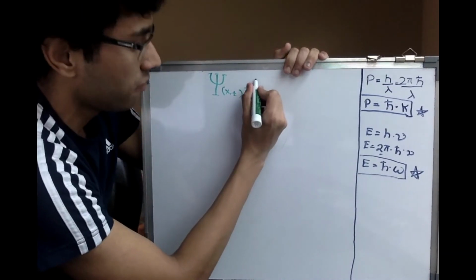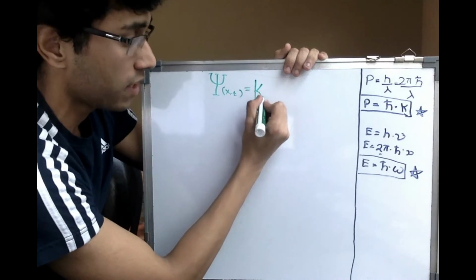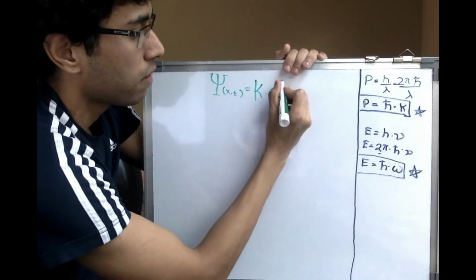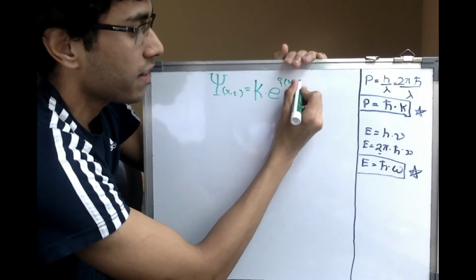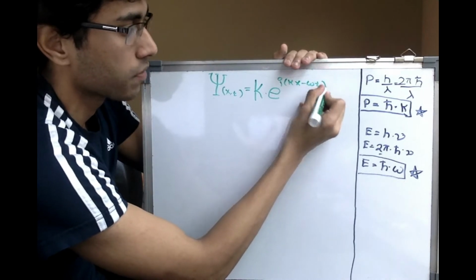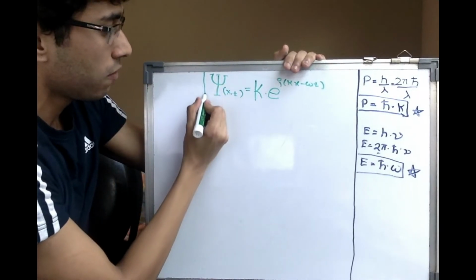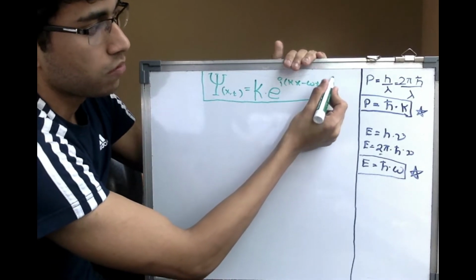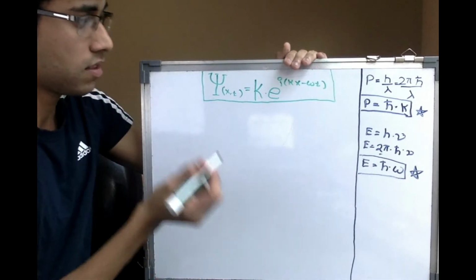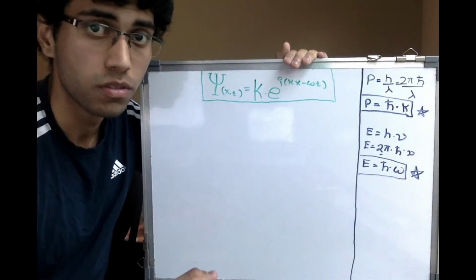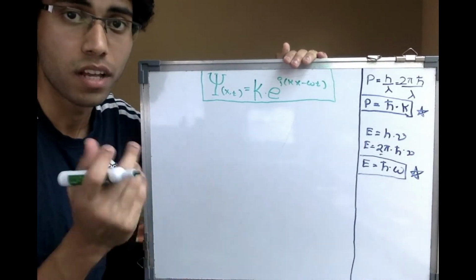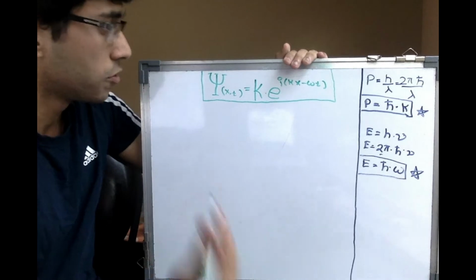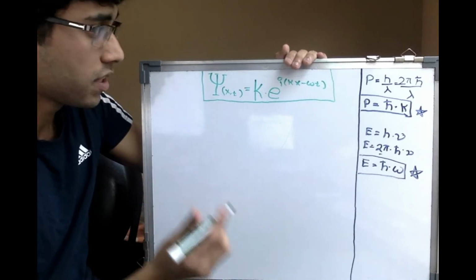So let's say I have the wave function psi of x comma t as k times e to the power i(kx minus omega t). It's a very common plane wave. Classical electromagnetism also talks about this plane wave a lot, which oscillates in one dimension and also has complex components. So its amplitude goes complex and real eventually.